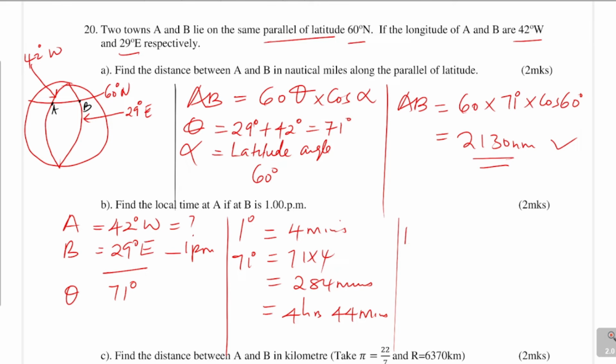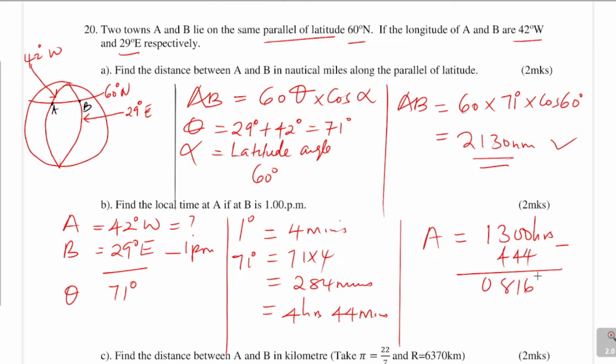So to get the time at A, we simply take the time at B, which is 1 p.m., the same as 1300 hours. And since A will be behind of time, we subtract 4 hours and 44 minutes. When you subtract that, you get 0816 hours, or 8:16 a.m., and write it like that.